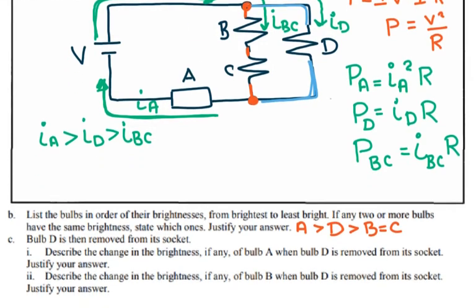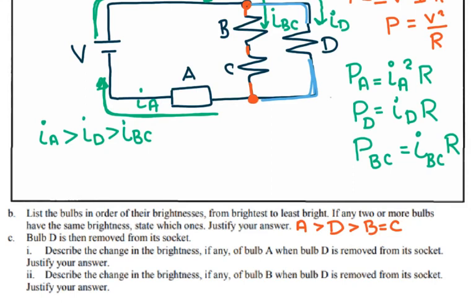So for the next question, for part C, they say bulb D is then removed from its socket. Describe the change in the brightness, if any, of bulb A when bulb D is removed from the socket. Justify your answer.